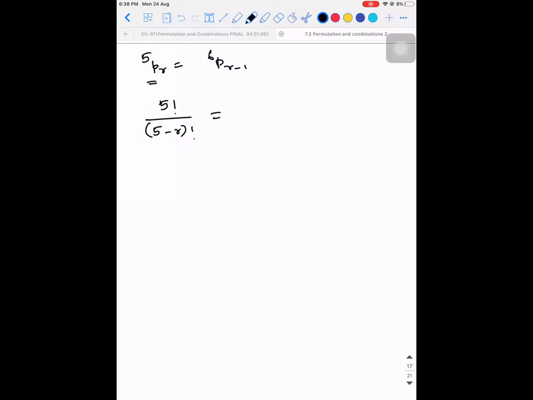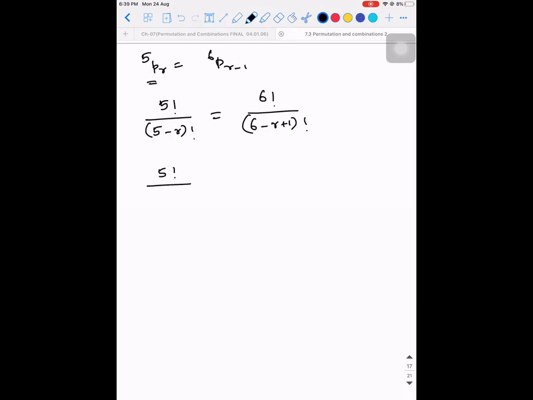Okay, so 5 factorial divided by (5 minus r) the whole factorial, that's right. So how do I write 6P(r minus 1) as? 6 factorial by (6 minus (r minus 1)) the whole factorial. So r minus 1 should be in the bracket, right? So if I expand the bracket, what will I get? (6 minus r plus 1) the whole factorial, so plus 1 the whole factorial.